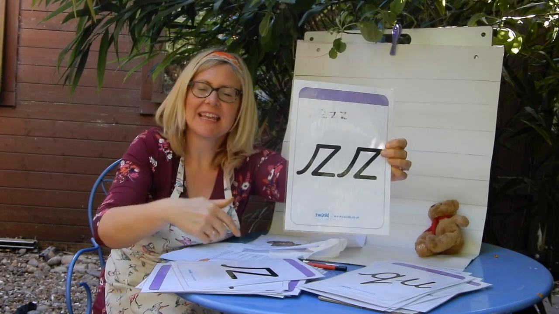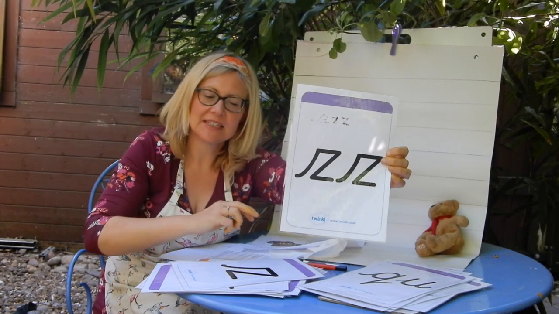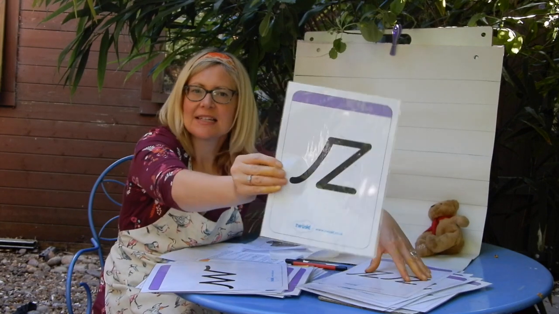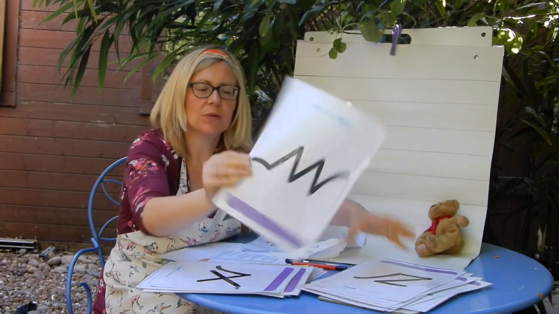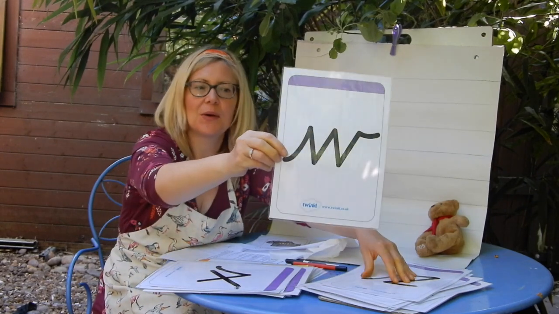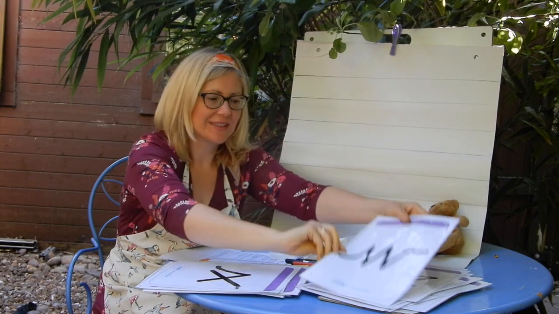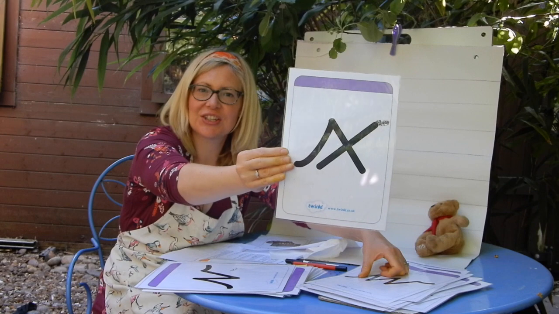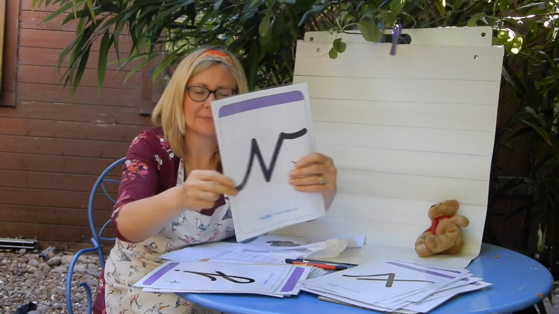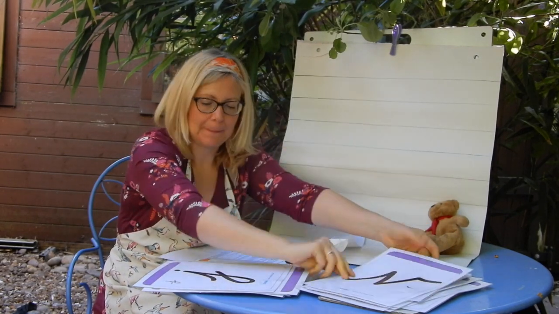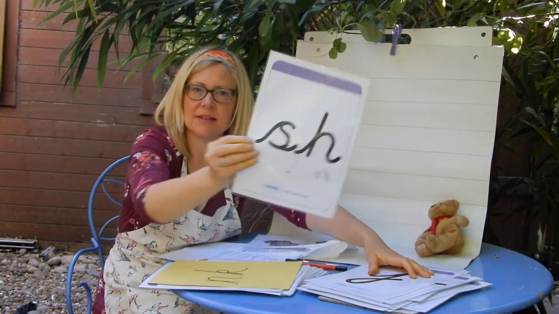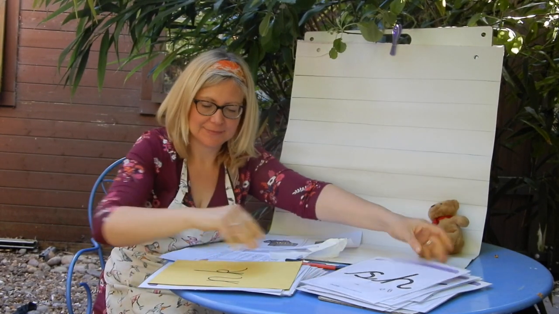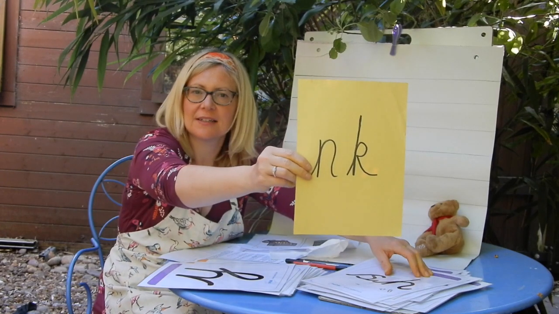Z, usually at the ends of words or the ends of syllables when there's two of them. Z, normally at the beginnings of words. Oops. Ooh. X. J. Sh. K.